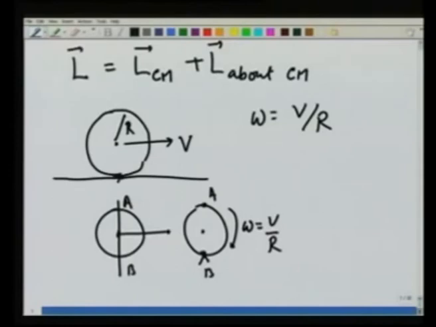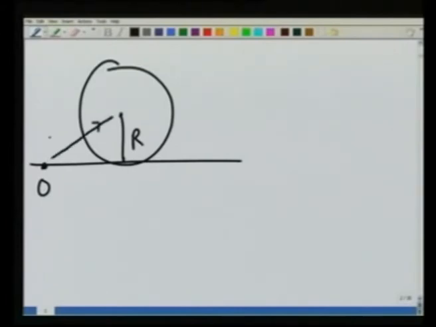So, the angular momentum for this, if I take the origin here, this is r, this is r_CM, this is v_CM.